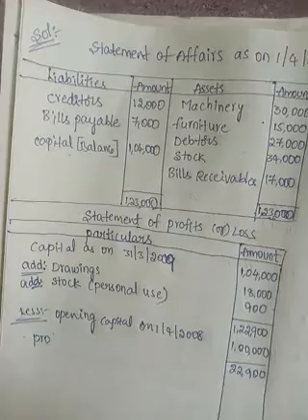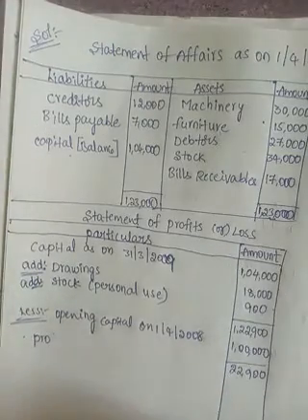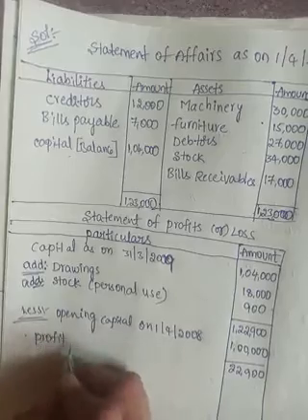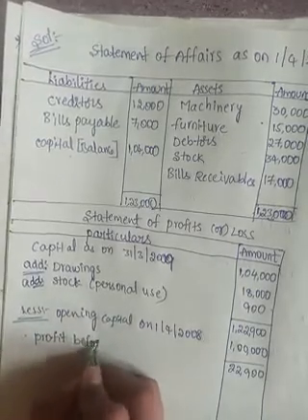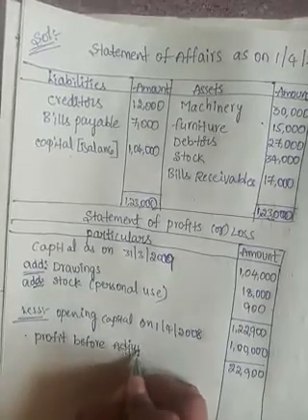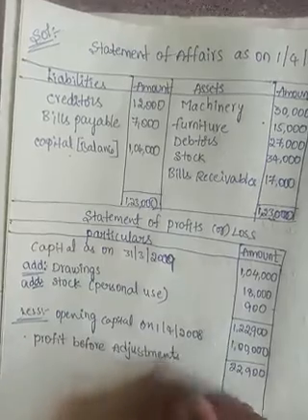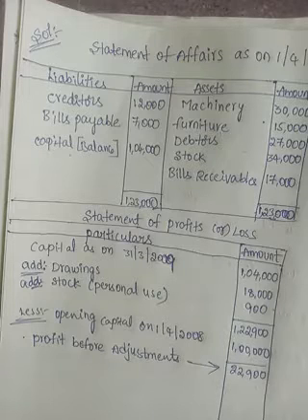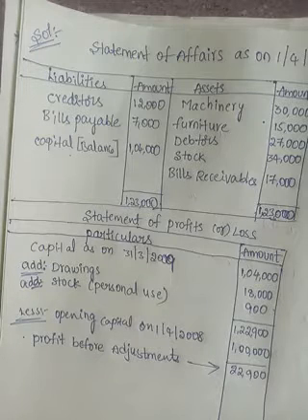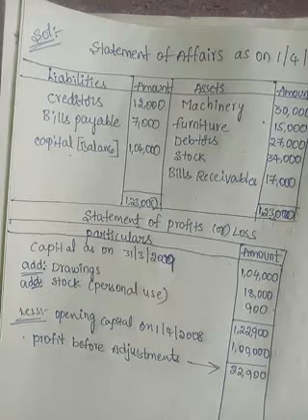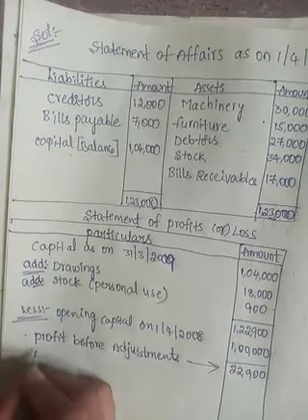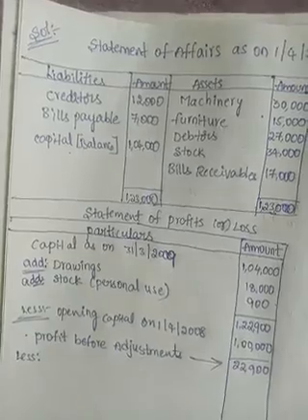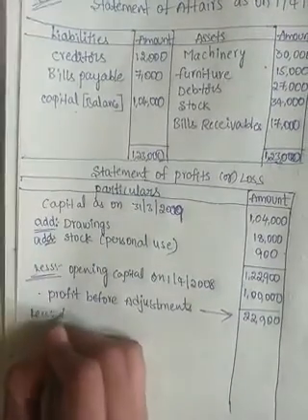It is a profit, but it is before adjustments, because adjustments are given in this problem. We will deduct those adjustments to get the final profit. Next we will deduct the adjustments: less adjustments.